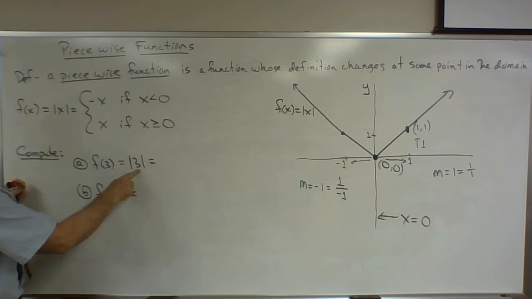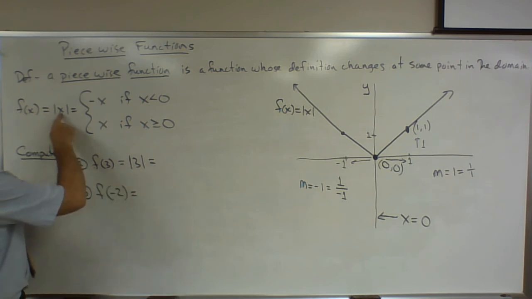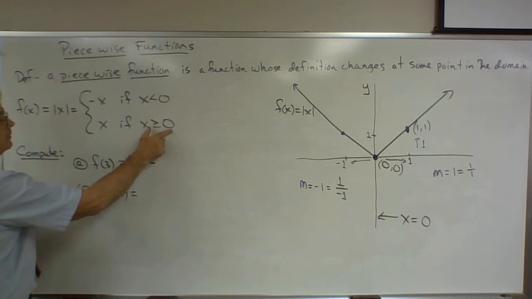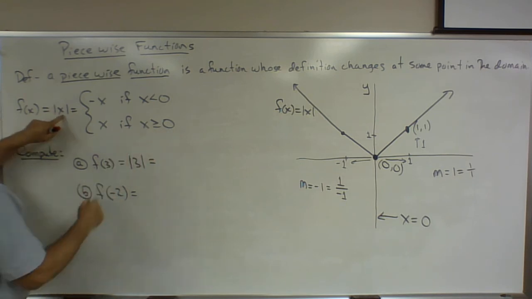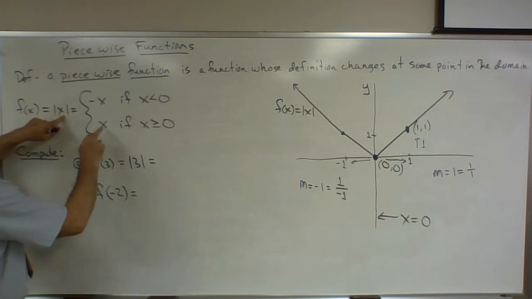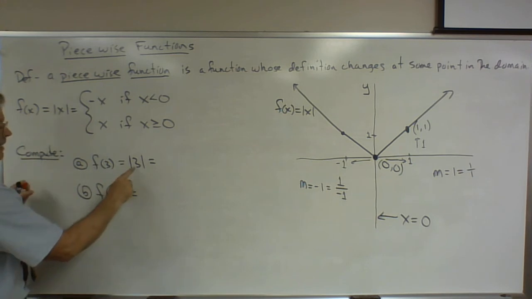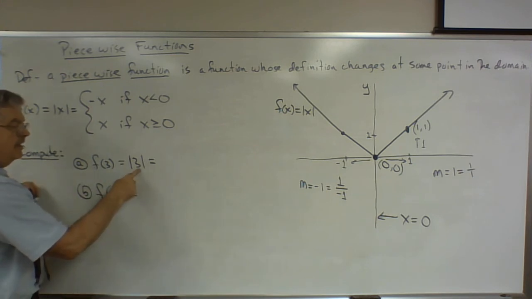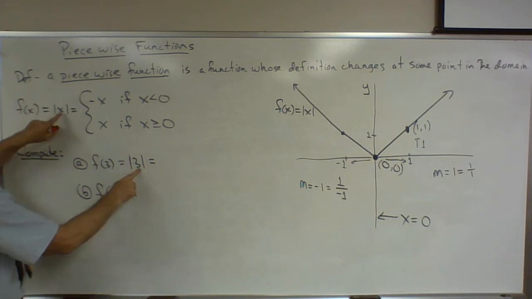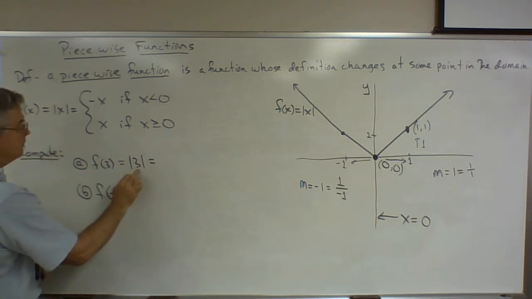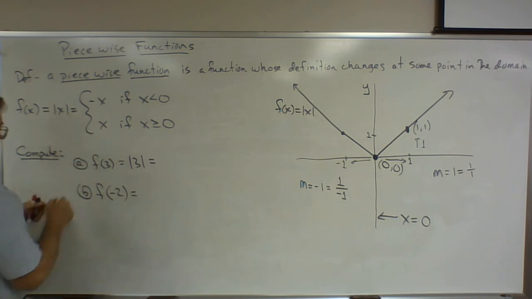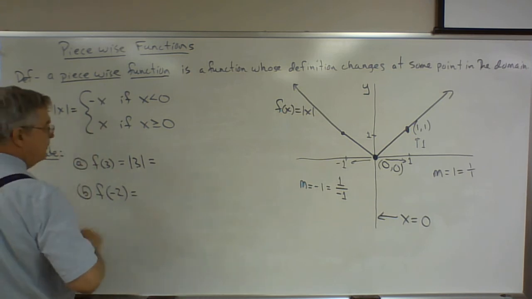This definition says if x is greater than or equal to 0, and we want the absolute value of x, then the absolute value of x is just x itself. Here's our x. It's greater than or equal to 0. So the absolute value of this x is going to be x itself, where the absolute value of 3 is going to be 3 itself.